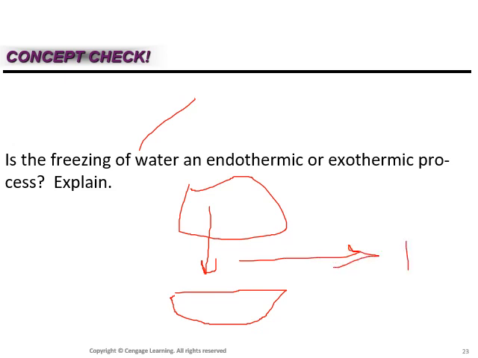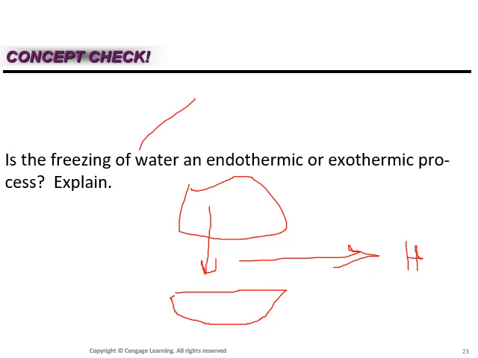There's heat given off. So anytime you go from a vapor to a liquid or a liquid to a solid, you're giving off heat. You're going down the scale, down the ladder. Like if you go from steam to water, heat will be given off. Whenever steam or water vapor condenses, heat is given off. Whenever water freezes, heat is given off.